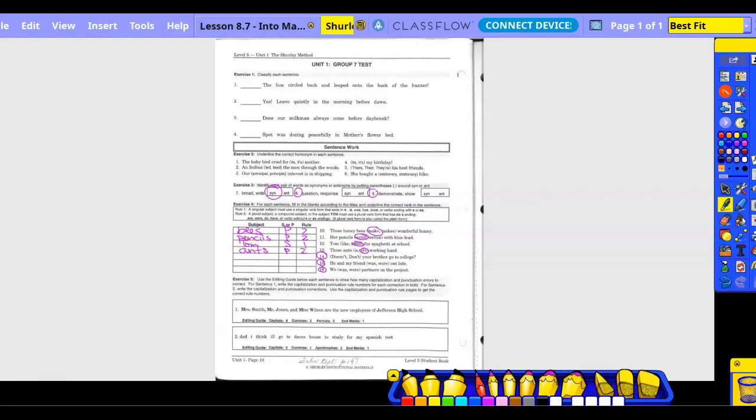So, Mrs., what rule tells us to capitalize the beginning of a sentence? What does rule number 1 say? Okay, so we're going to put a number 1 above here. There is one other rule for this.